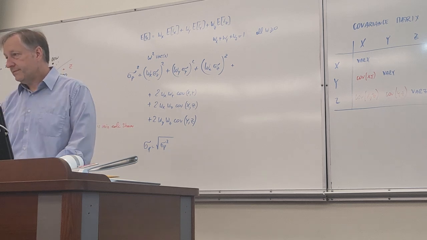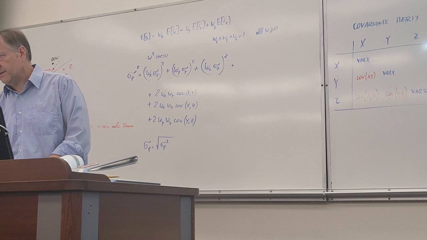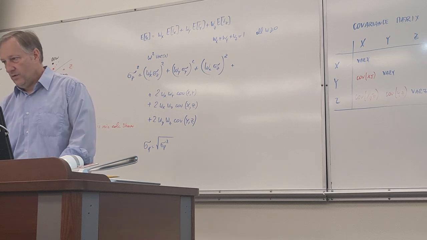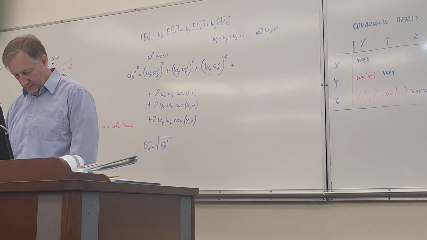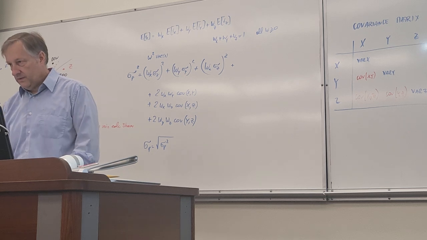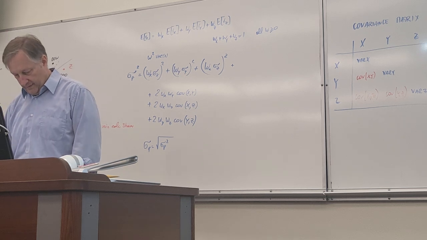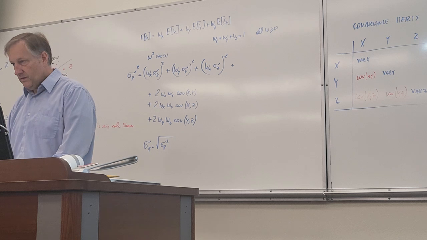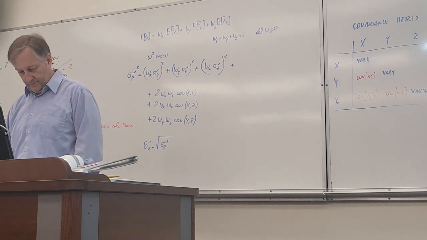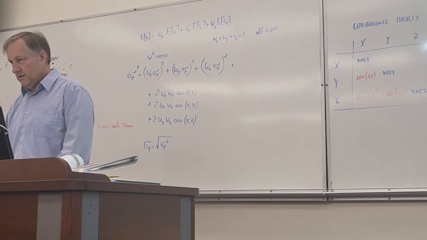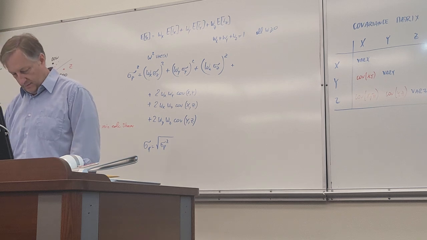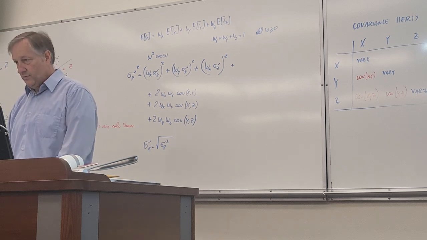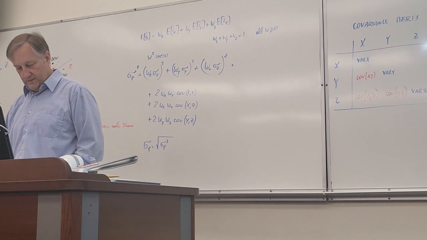Now I need to define the covariances. This is going to be covariance of x and y. Covariance x, z. And finally, this is the covariance between y and z.